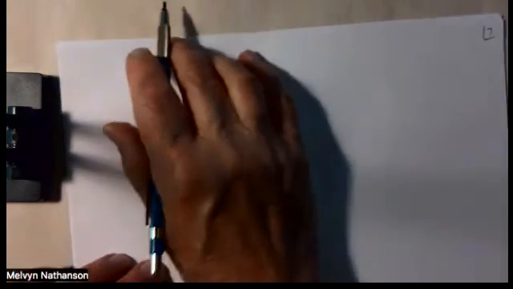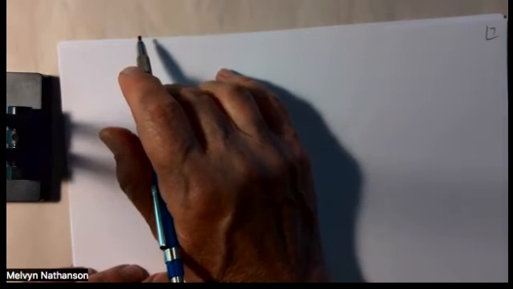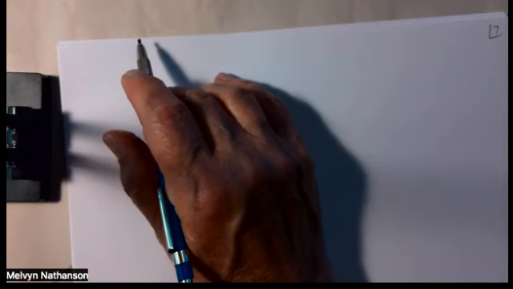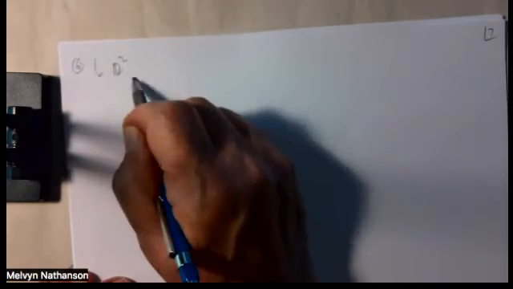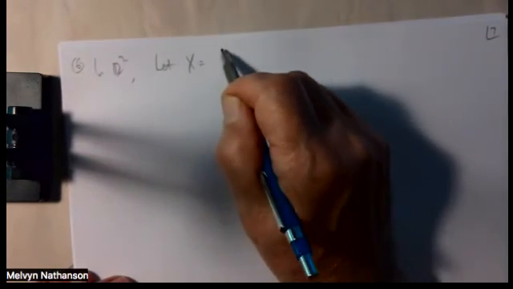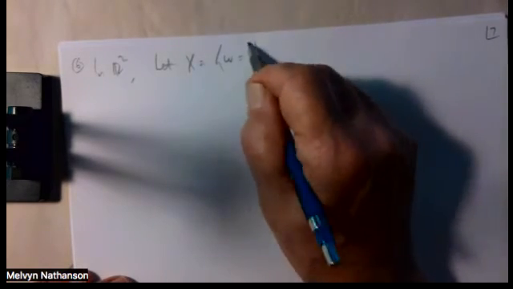Let's look at problem 6. So again, we're in R2 with the standard inner product, and suppose we let X be the set of just one vector, w, which is the vector 1, 1.